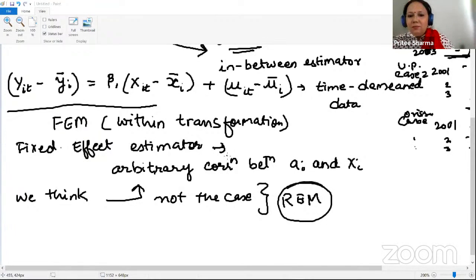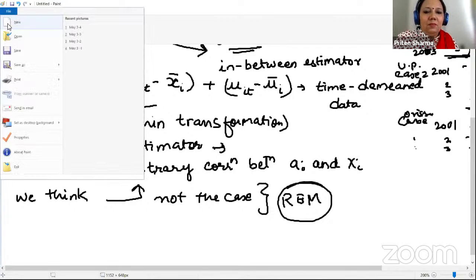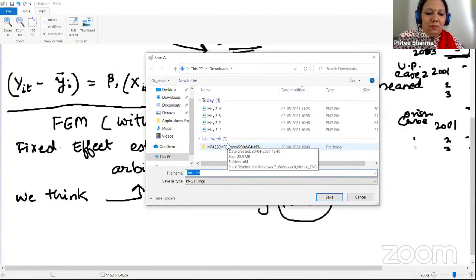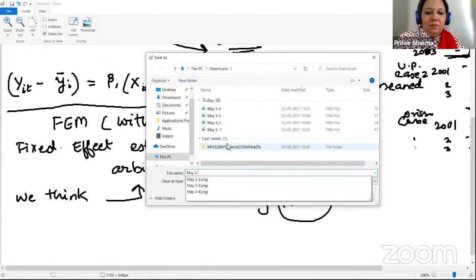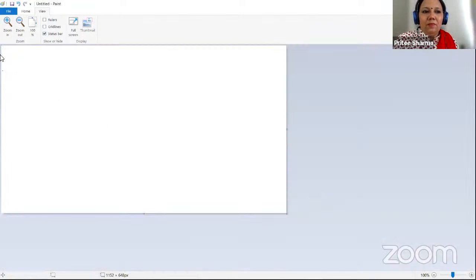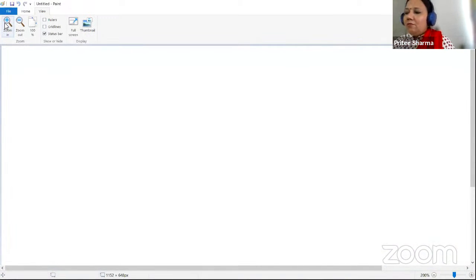All right. So what we will do now is, we'll first do the last bit of what we were talking about, the fixed effect model, and then I will summarize whatever we have done until now related to the fixed effect model, and then we will start with the random effects model.